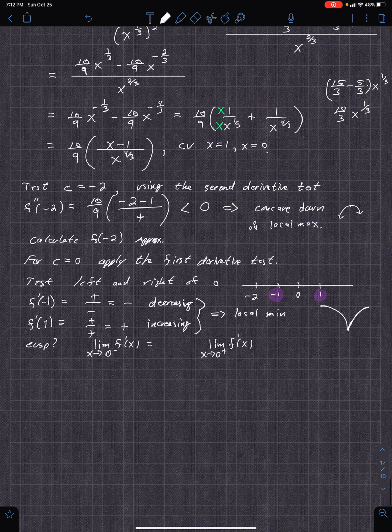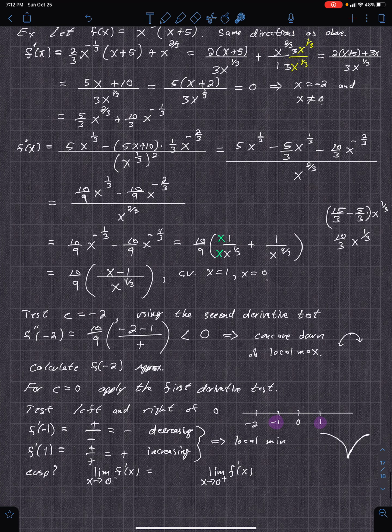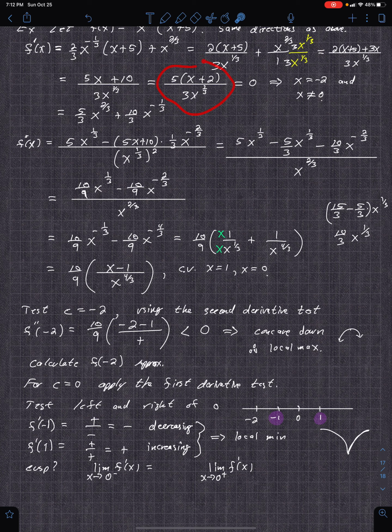And so let's go up to our derivative. Where's our derivative? Derivative is right here. Okay, so on the left, you are like negative values.